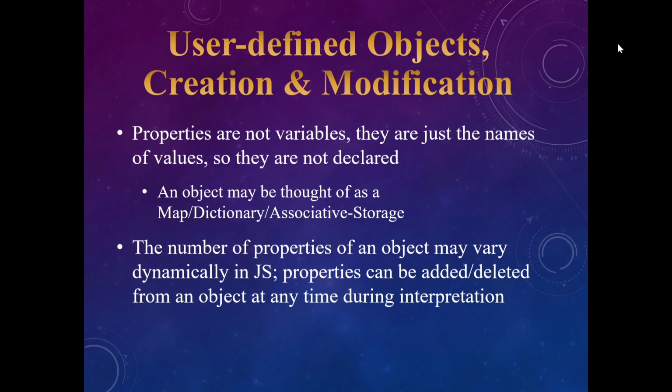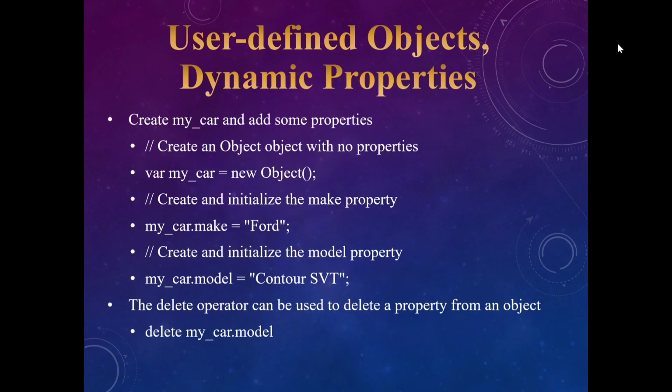An object may be thought of as a map, dictionary, or associative storage. The number of properties of an object may vary dynamically in JS. Properties can be added or deleted from an object at any time. Here we can see an example of user-defined objects with dynamic properties.